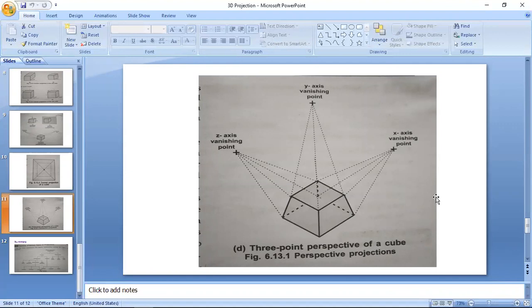A 3 point perspective is achieved by positioning the object so that none of its axes is parallel to the plane of projection. Not even one axis parallel to the projection plane. Okay, then you will get the 3 vanishing point or 3 point perspective projection.